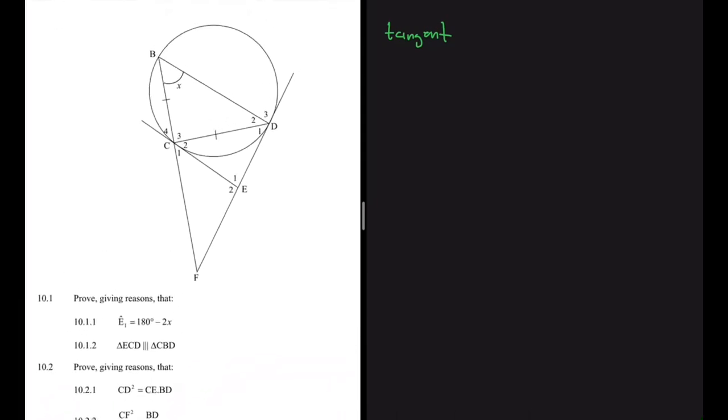So the first one, 10.1.1, says prove, giving reasons, that E1 is equal to 180 minus 2x. So let's look at E1 on our diagram.